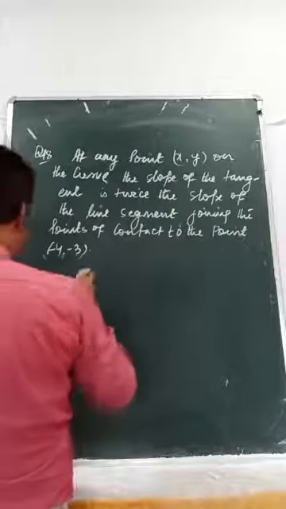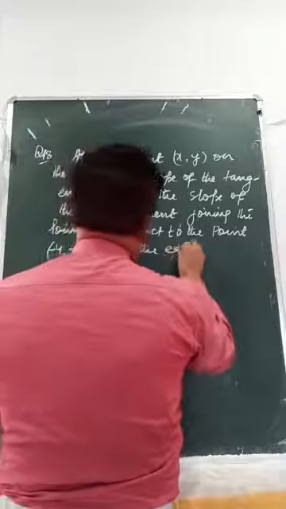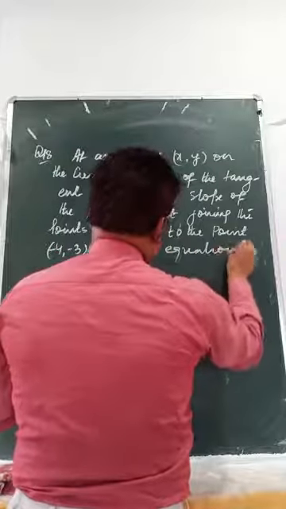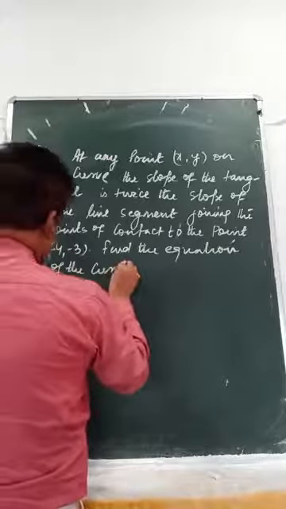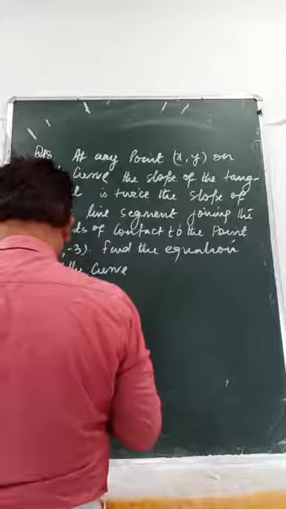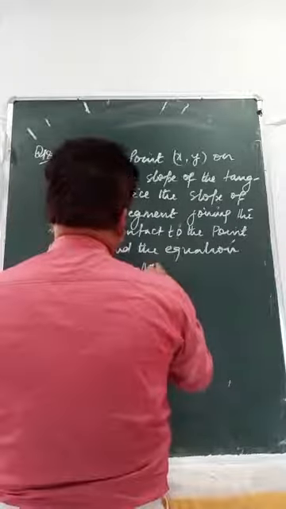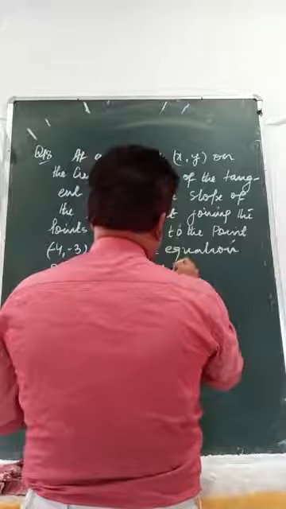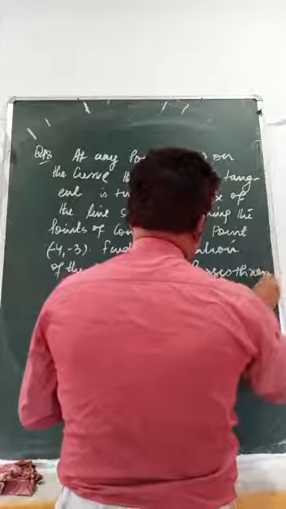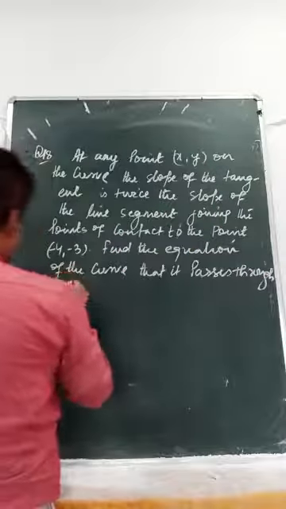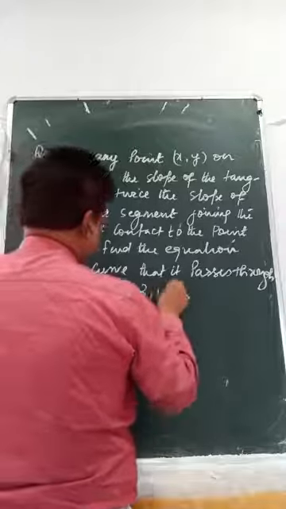Find the equation of the curve that passes through the point (-2, 1).